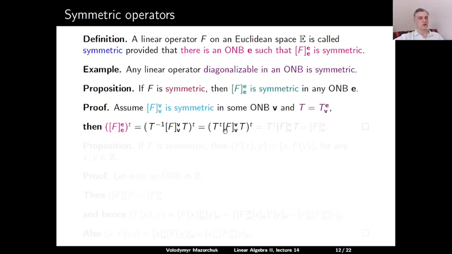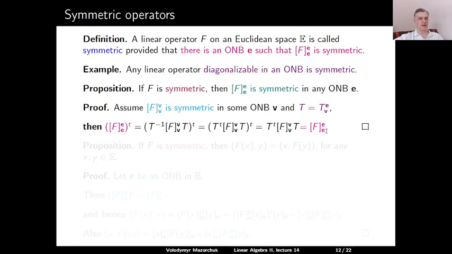So it's a transpose of T transpose times the matrix of F in V times T. This is a product of transposes in the opposite order, so it's T transpose times the transpose of the matrix of F in V, but this is symmetric, so we can just forget the transpose, times T, and again this is equal to the matrix of F in E. So this shows that the matrix of F in any ONB E is symmetric if the linear operator F is symmetric.